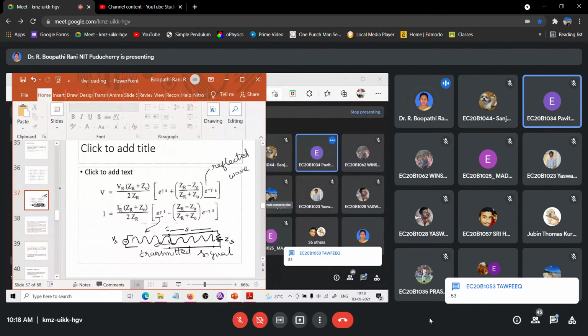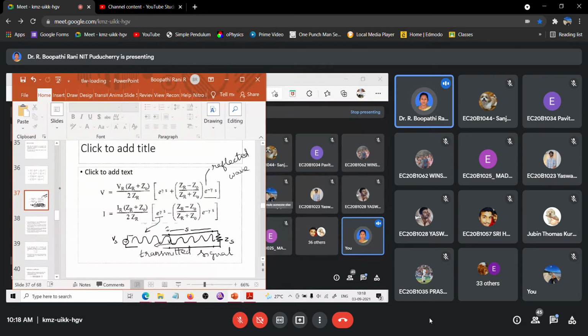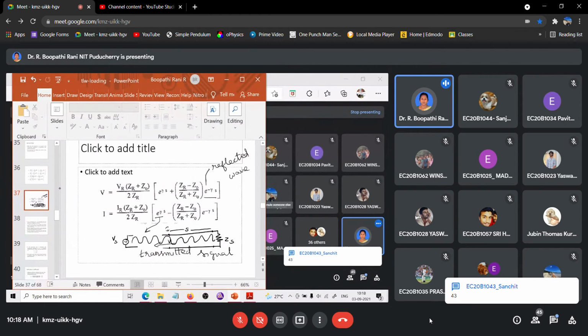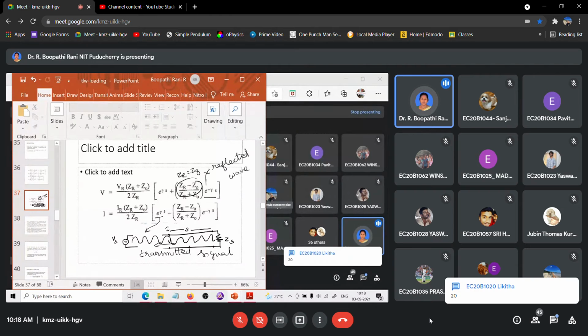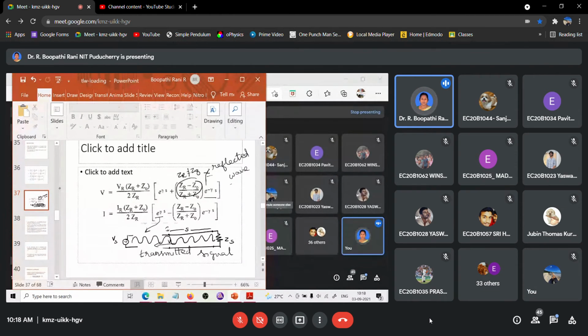Yes. When ZR equals Z0, this entire term becomes 0, isn't it? Then the reflected wave will not be there. But when ZR is not equal to Z0, there will be reflection.